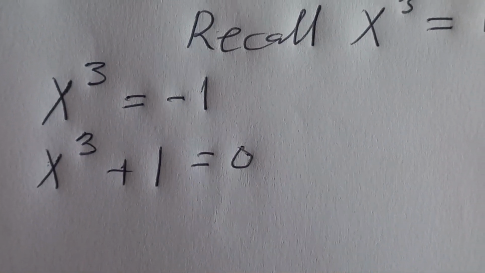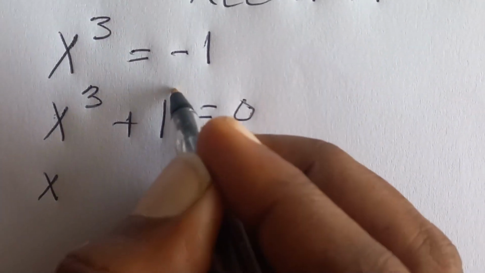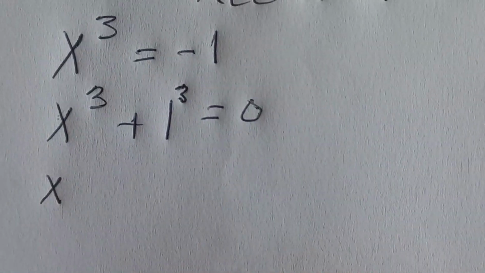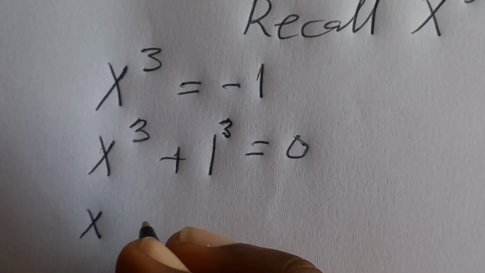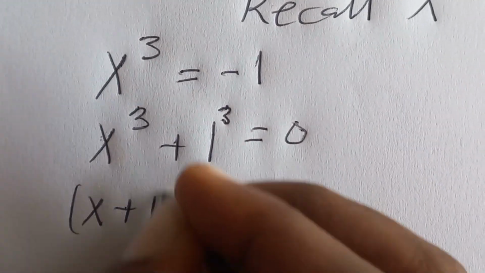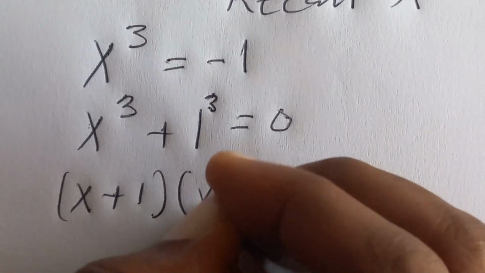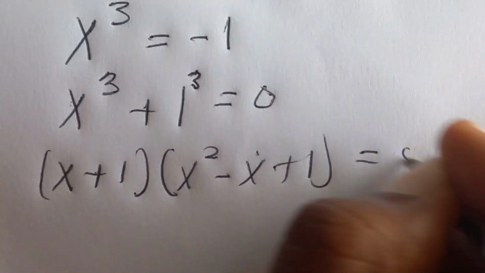So from here I say that x plus 1 outside, then x squared minus x plus 1 is equal to 0.